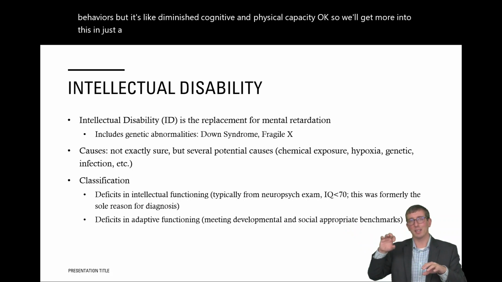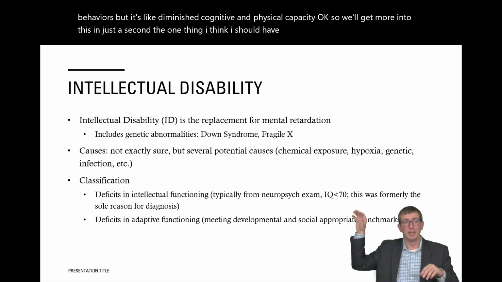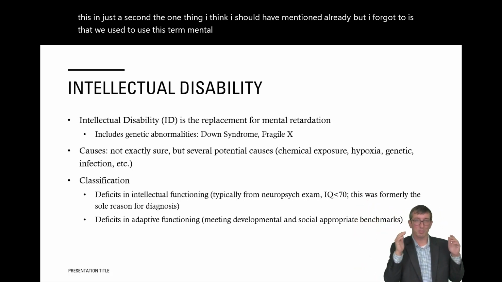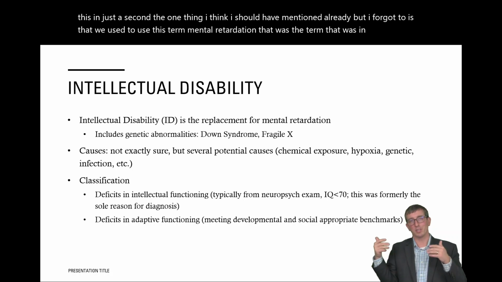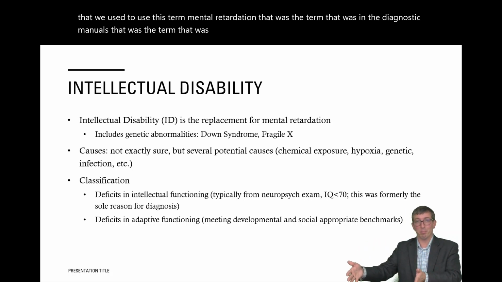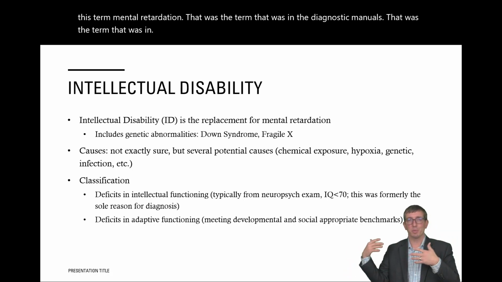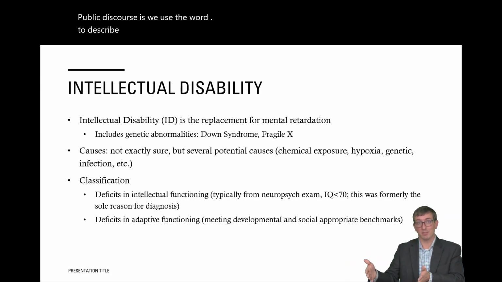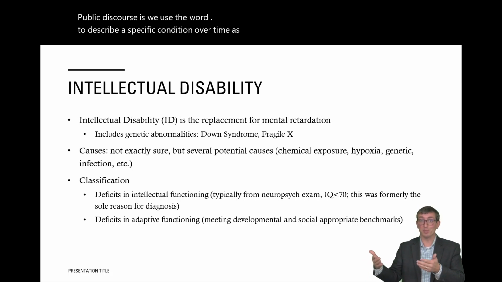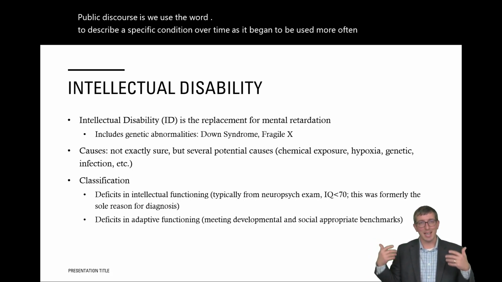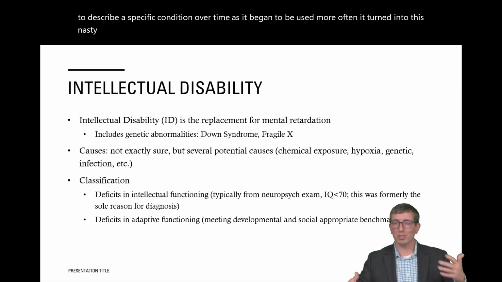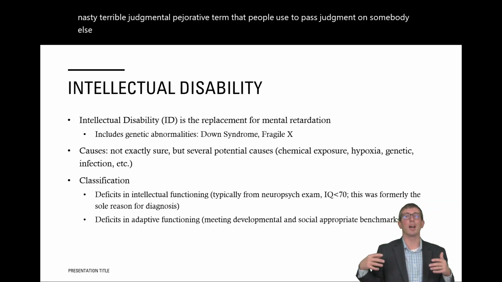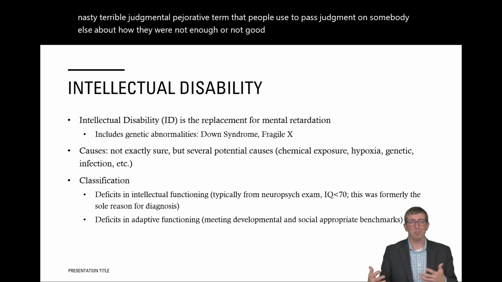The one thing I think I should have mentioned already, but I forgot to, is that we used to use this term mental retardation. That was the term that was in the diagnostic manuals. That was the term that was in public discourse. We used the word retard to describe a specific condition. Over time, as it began to be used more often, it turned into this nasty, terrible, judgmental, pejorative term that people use to pass judgment on somebody else about how they were not enough or not good enough or something like that.